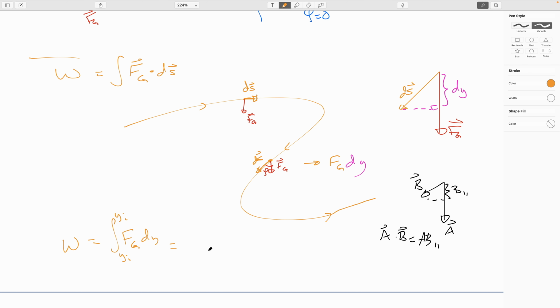Well, the force of gravity is a constant. It's equal to mg. So you get mg times the integral from y initial to y final.